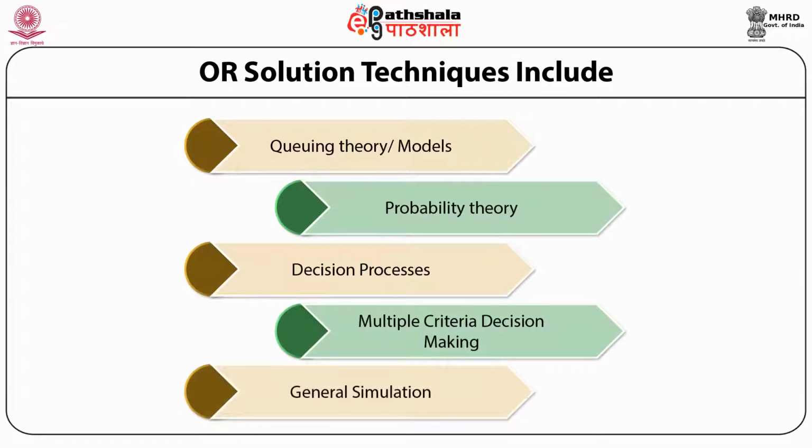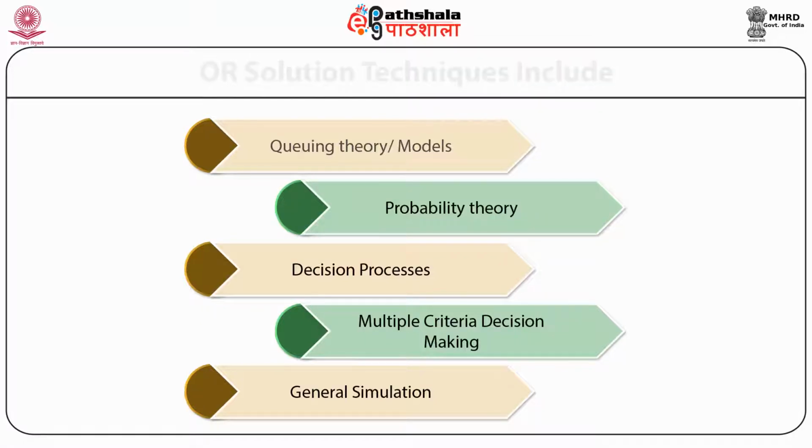In fact, most of these are usually not very applicable in the library science field. However, network analysis in the form of PERT and CPM has been effectively applied in library activities, such as scheduling library projects. In many cases, linear programming, multiple criteria decision making, and decision processes have also been applied in library and information organizations.